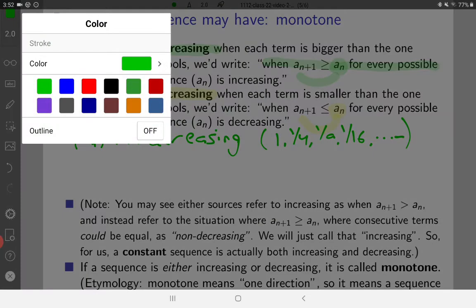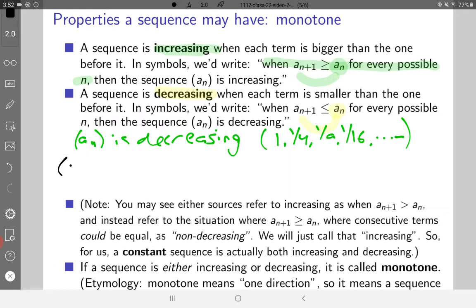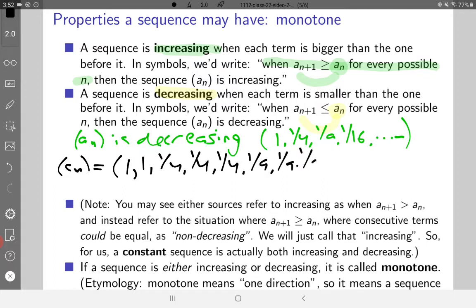Let me just make one up off the top of my head here. I'm just going to call it Cn to be different. If I make it go 1, 1, and then a quarter, a quarter, a quarter, and then a ninth, a ninth, a ninth, a ninth, essentially what I'm doing is taking the terms of the an sequence and making them repeat twice, and then 3 times, and then 4 times, and then imagine I made the 1/16th occur 5 times.